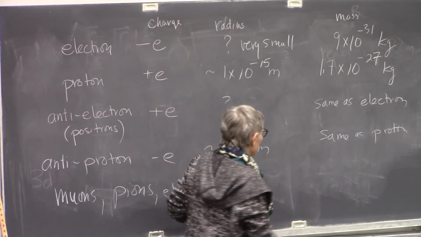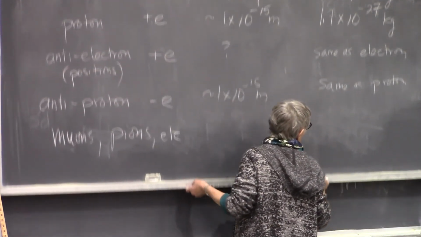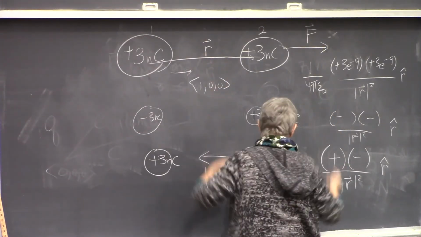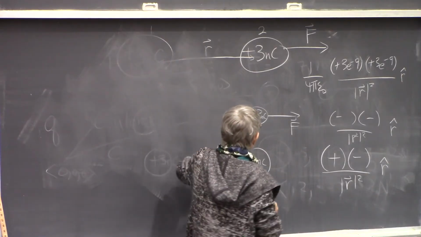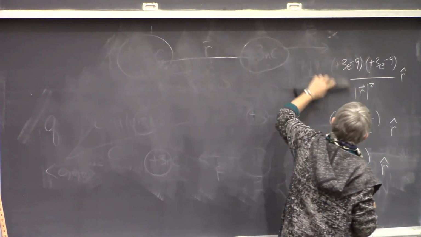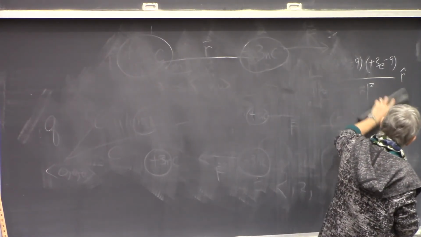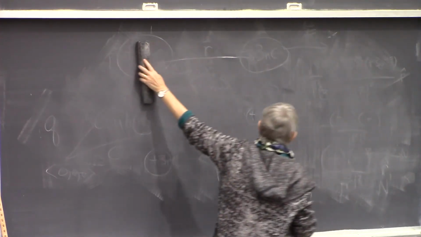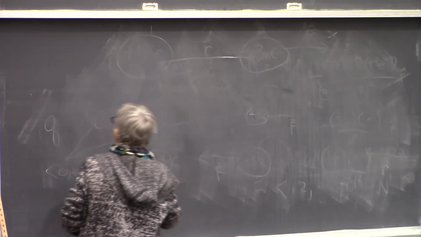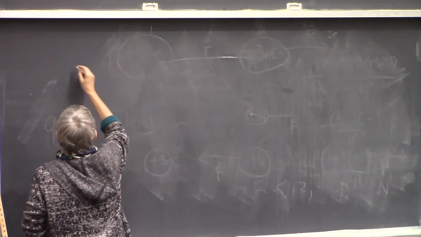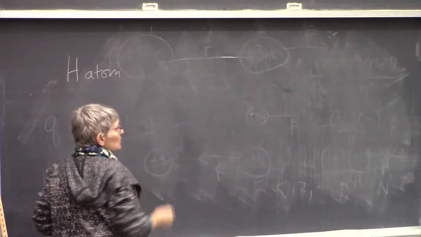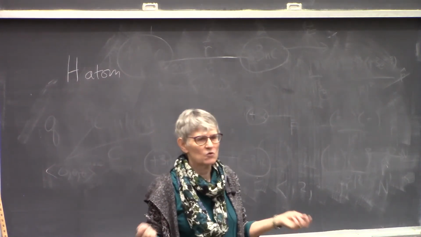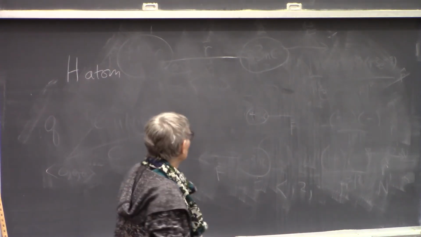And now we can, of course, combine these things to make other objects. And how we combine them determines the net charge of an object. So the simplest combination might be a hydrogen atom, which is one proton and one electron.